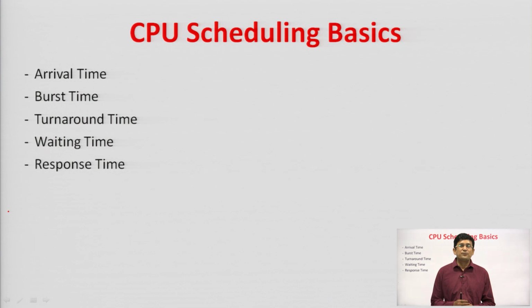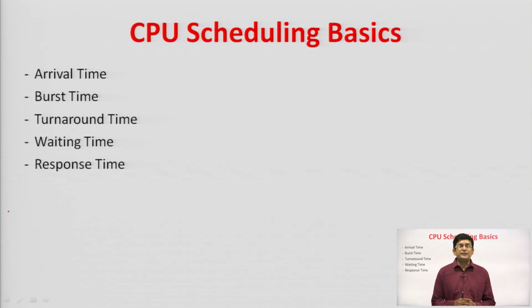The time it has spent on CPU execution is the burst time, and the time which it has wasted is the waiting time. How do we find the waiting time? We subtract the burst time from the turnaround time, and the difference is the waiting time.